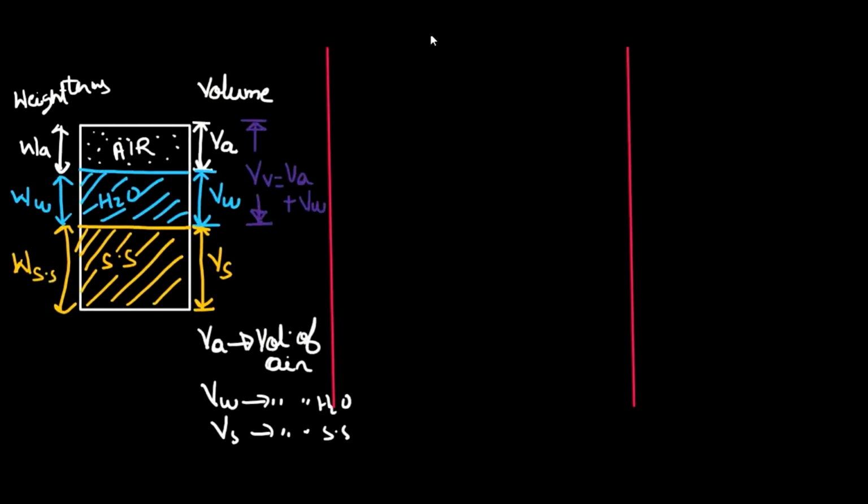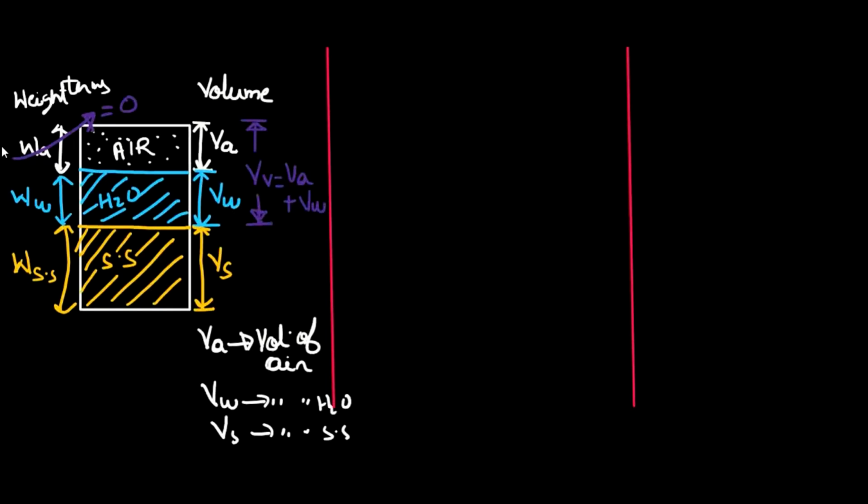Now one more thing that you should remember is this weight of air is by default taken as 0. Weight of air is considered as negligible in whole soil mechanics. You should always remember this, that weight of air is always taken as 0. We consider the weight of air negligible.